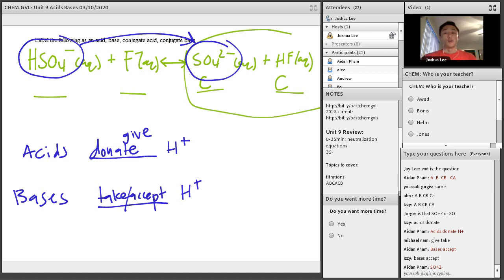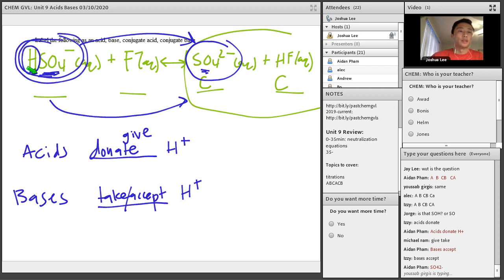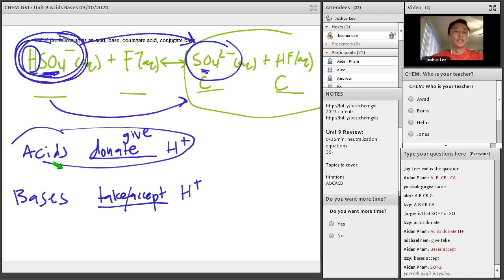In order for this to become this, what did it have to do? The HSO4 minus had to give up an H to become SO4 minus. That means HSO4 minus acted like an acid. It gave away an H plus. So this is my acid.